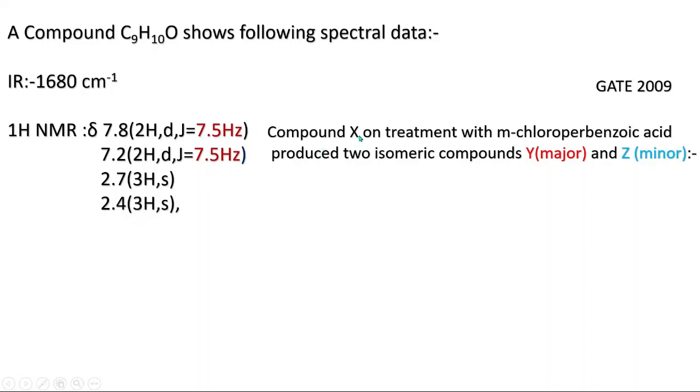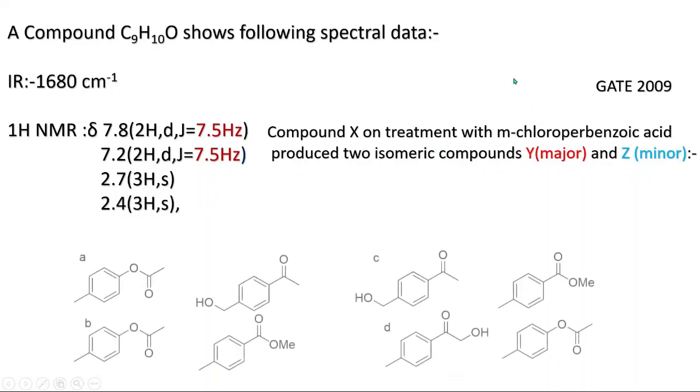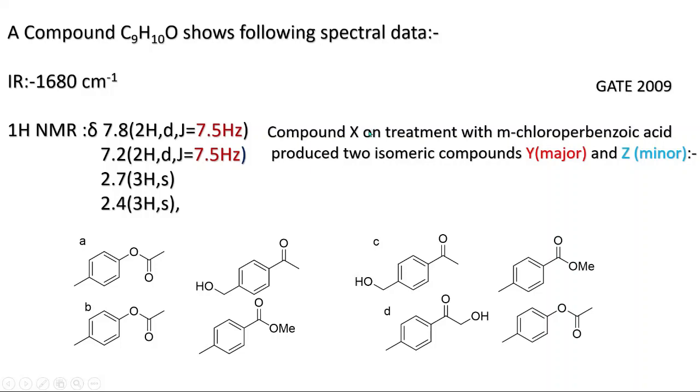Compound X on treatment with metachloroperbenzoic acid produced 2 isomeric compounds, Y major and Z minor. So we have to know which is the major product and which is the minor product. Based on that, they have given 4 options, Y and Z, similarly Y and Z, like that.